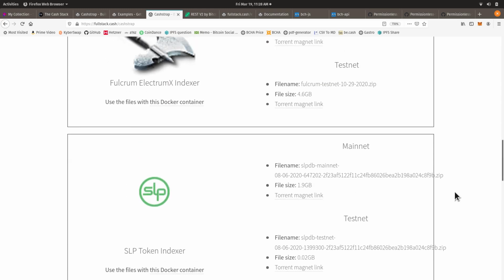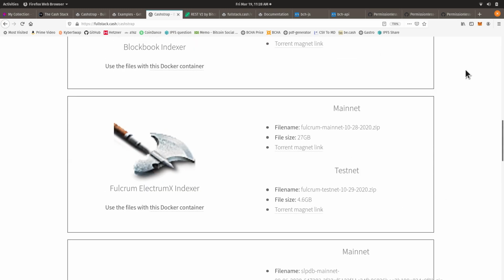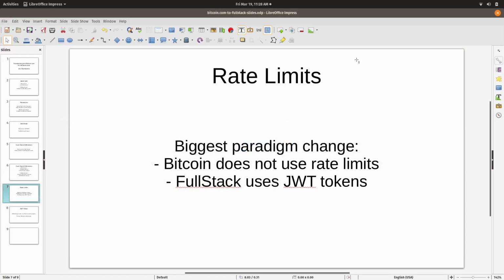Same goes for SLPDB and the Fulcrum indexer. So you do not need to pay us to run this infrastructure. Everything's open source. However, we're here to provide technical support and handle all those low-level details, so that as a business you can just focus on making money and providing value and the value proposition that your business is focused on.